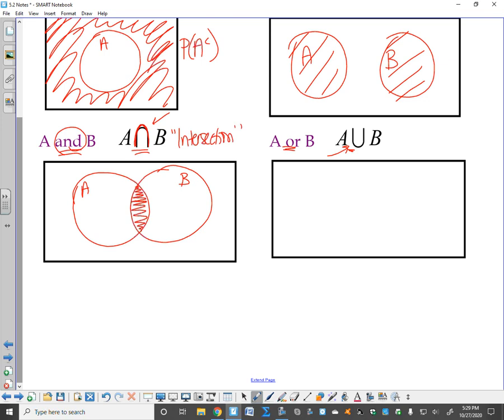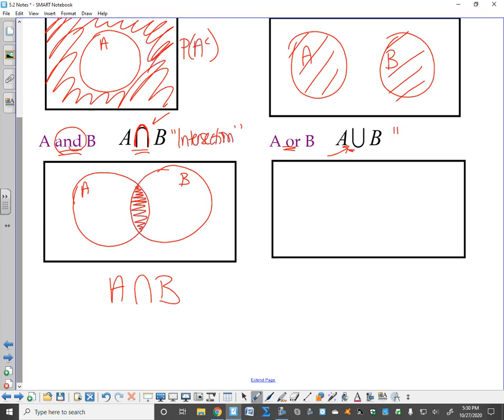If you look at your Venn diagram, that makes sense because it's the intersection of event A and event B. It's where they overlap. Think of two roads at an intersection. In the middle of that intersection, those two roads overlap. So and is intersection. So A intersection B.